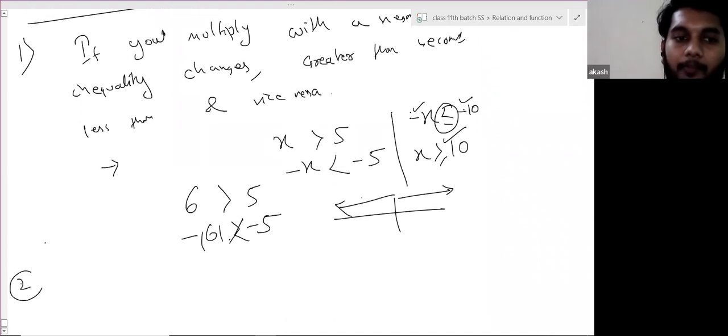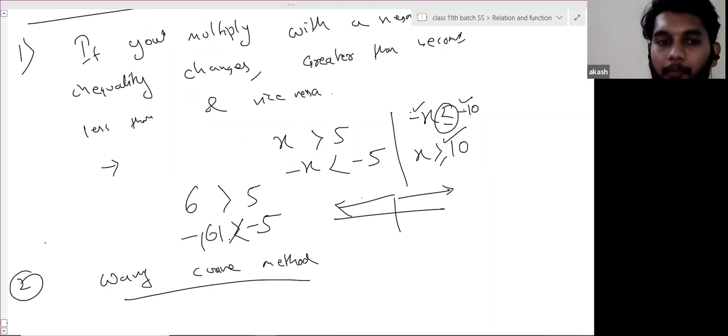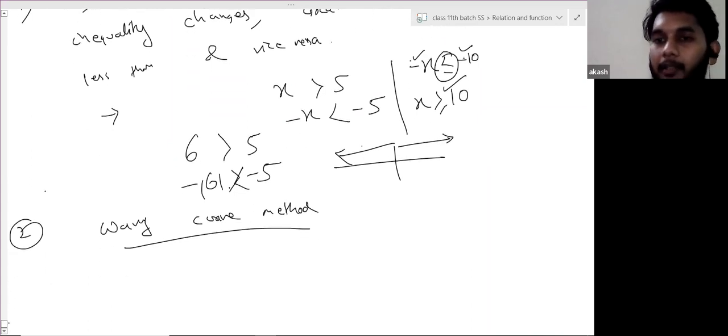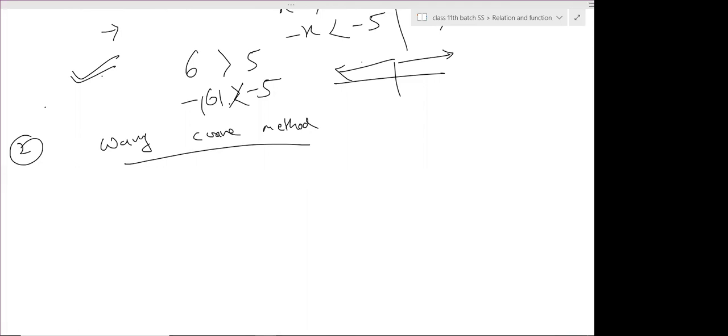Now, second thing is the wavy curve method. And this is a very lengthy topic that we are going to do in detail in the inequalities chapter. Did you write this down, the first note? Both of you? Yes. All right.